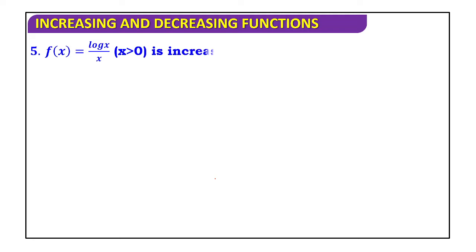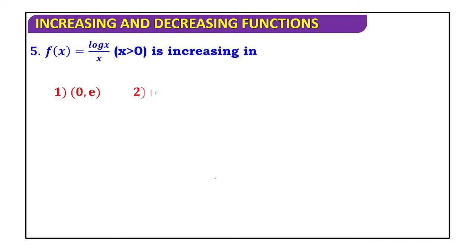Okay, so now here you can just see f of x is equal to log x divided by x is increasing in which interval we have to find out. So for that you can just see we have f of x by g of x.